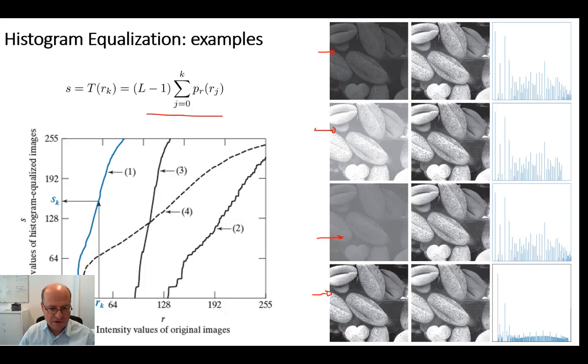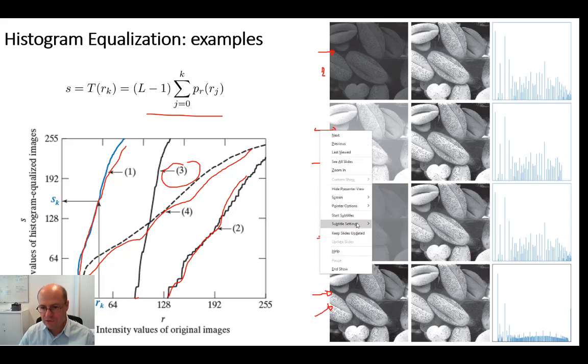So this curve number 1 here is related to this image. This curve number 2 is related to the second image. Number 3, which is this one, is related to the third. And number 4, which is almost the identity, is related to the last image. Let's get rid of this.